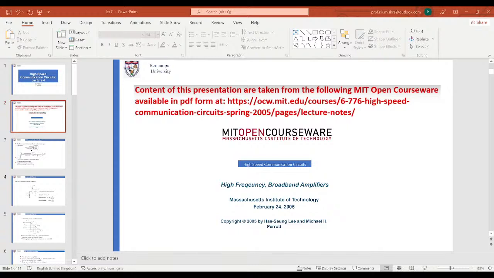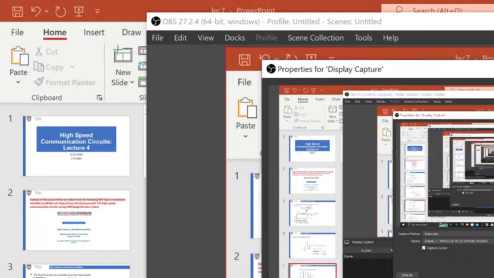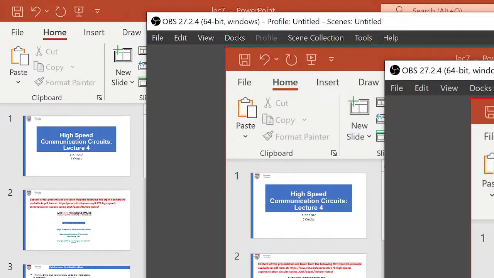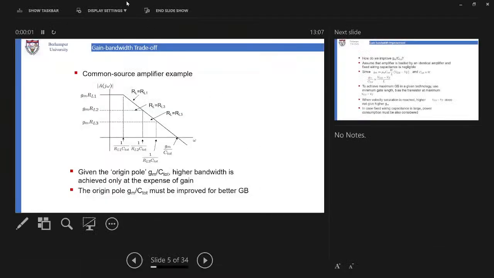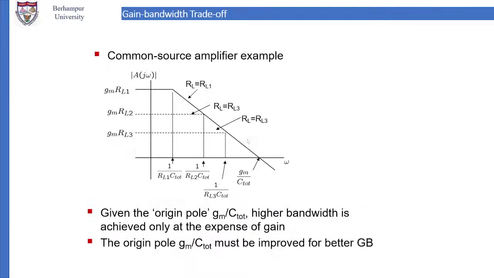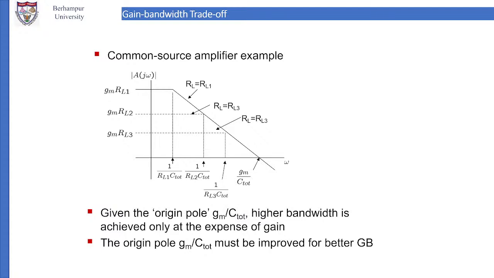Then we discussed about the gain bandwidth trade-off, which means we said that gain bandwidth product is a constant.